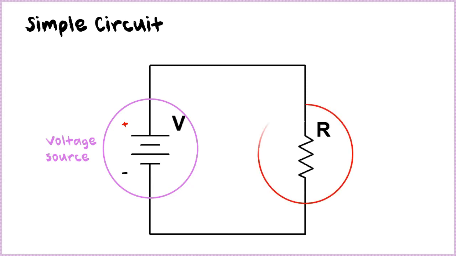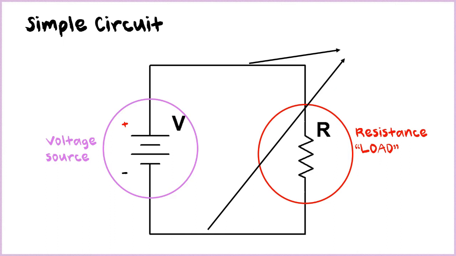And R here, which has a zigzag line, is our resistance, or what we sometimes call a load. The black line connecting the voltage source and the resistance load is what we call our electrical pathway. And the current is flowing through that pathway, so we term it as I.